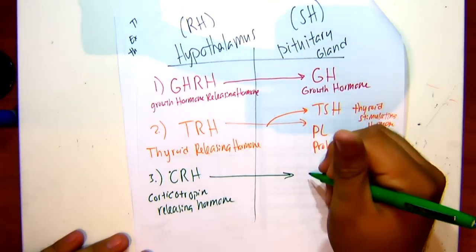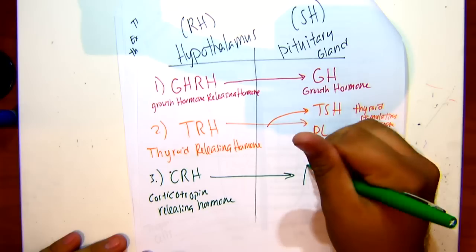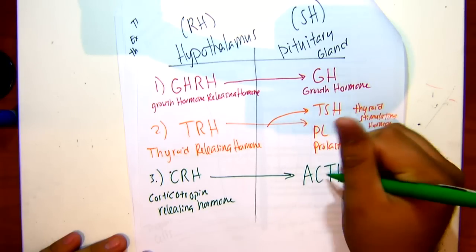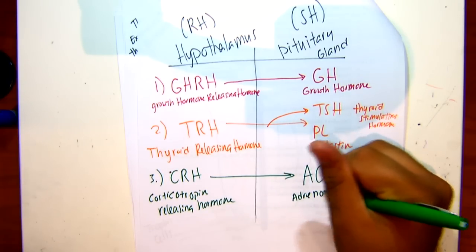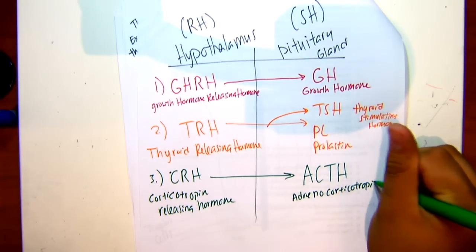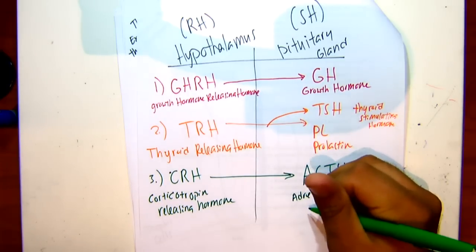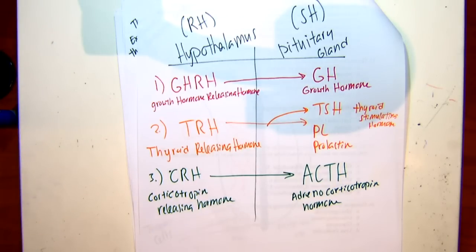That'll go ahead and tell the anterior pituitary gland to secrete ACTH, which is adrenocorticotropin hormone. Okay, and this is also from our anterior pituitary lobe, right? So it's still through the hypothalamic portal system.